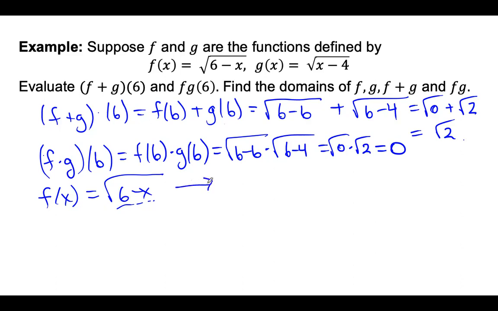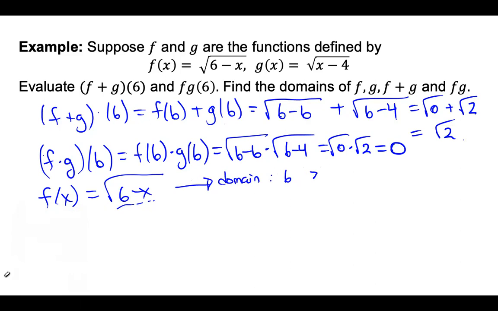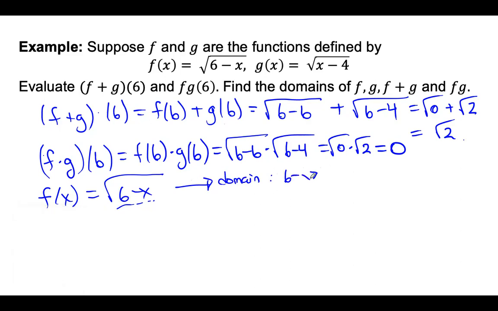So this implies the domain of the 6 minus X is going to be greater, or sorry, I'm looking at the 4 in front of me or above it. 6 minus X is going to be greater than or equal to 0.